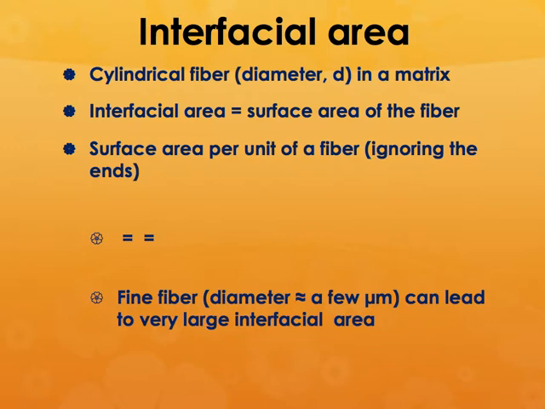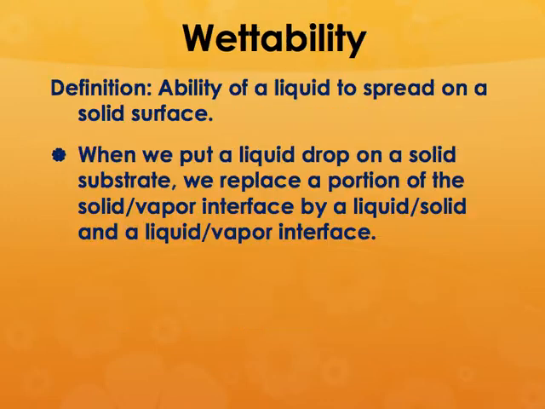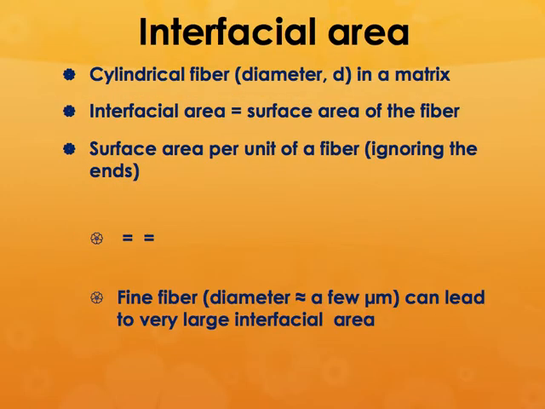So if you have a cylindrical fiber, I don't know why this went away, I'm not really sure. I apologize, but essentially what you have to understand is that if you have a very fine fiber diameter, it can lead to an extremely large interfacial area.